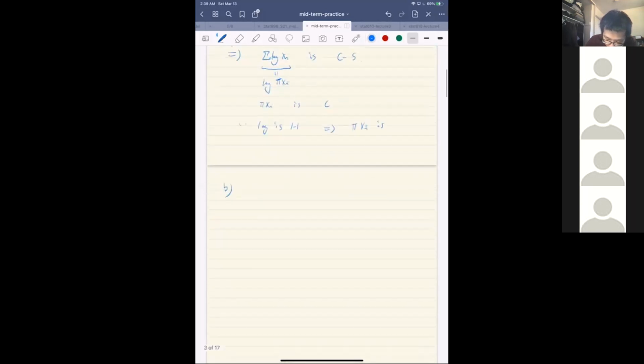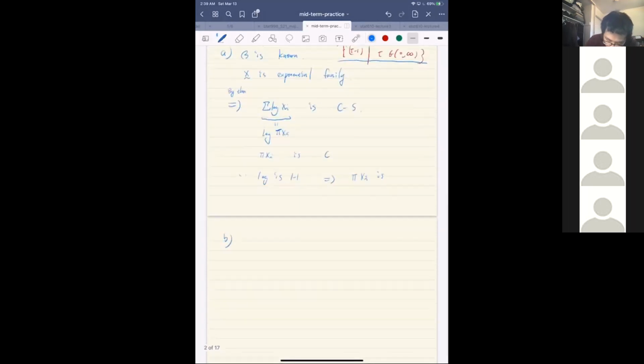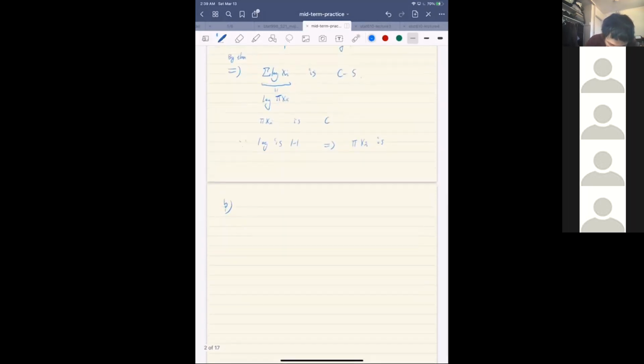So if this is an exponential, like tau times a function of x, plus tau squared times another function of x. Okay.